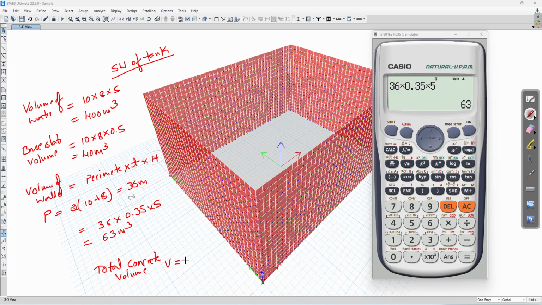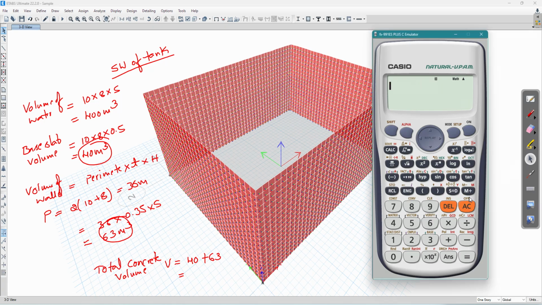The base slab is 40 plus walls 63. So 63 plus 40 will be 103 meter cube. So this is the total concrete volume.